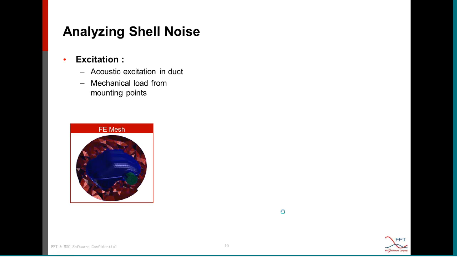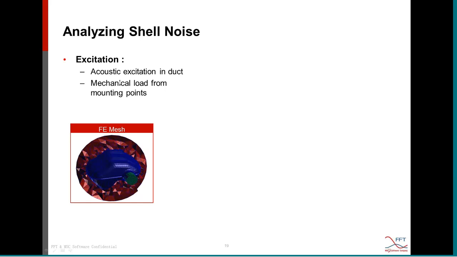So this is a small example of the shell noise analysis. As we've seen previously, here we have the mesh of this shell component and the interior air together with exterior air. The excitation could be acoustic, so a wave propagating in the internal air volume.